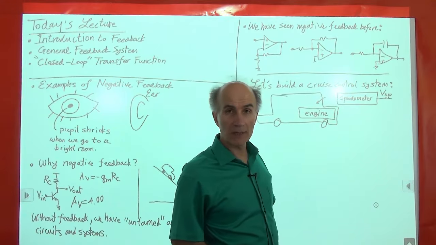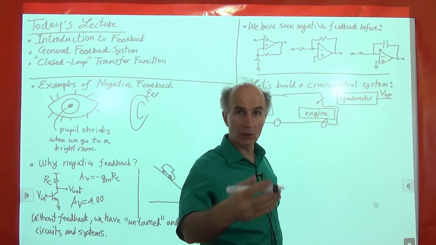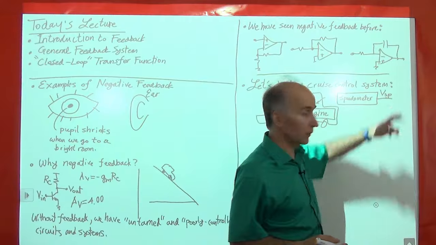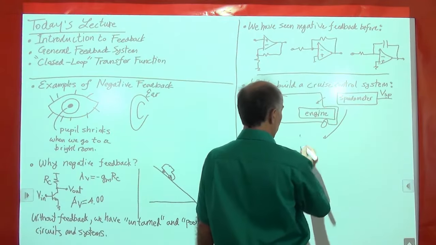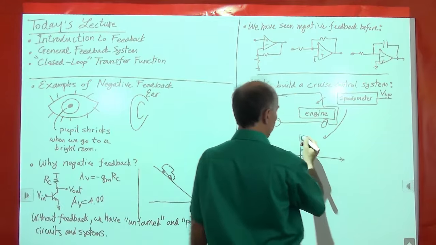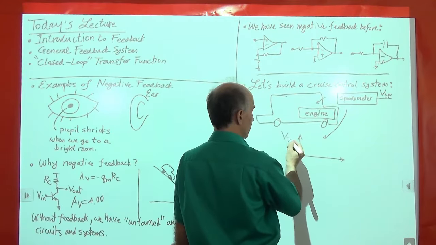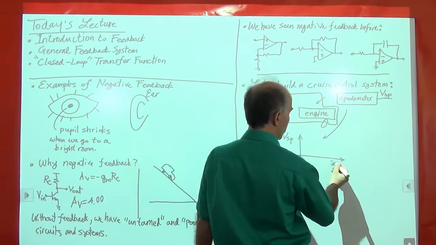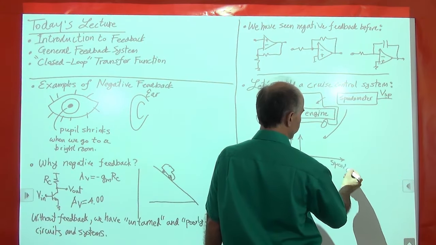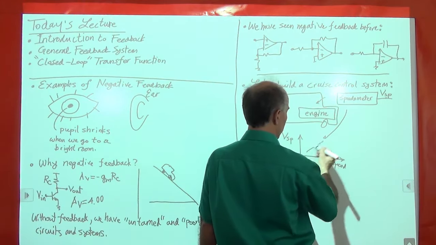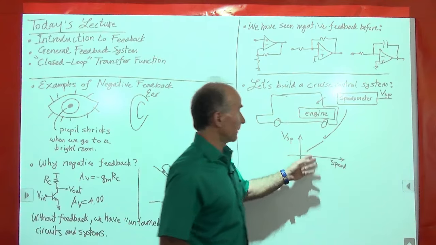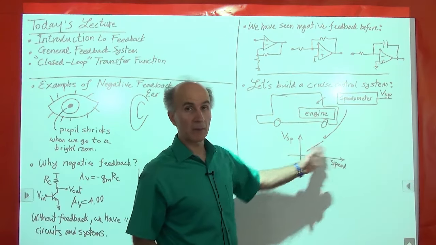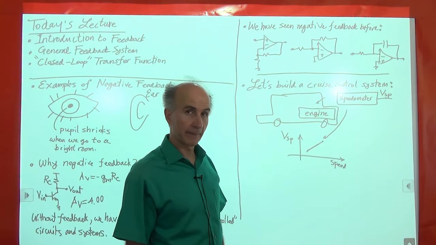And what we know is that the faster the car goes, the higher this voltage will be. So in other words, for the speedometer, we have some sort of characteristic like this. VSP as a function of speed. It's like this, right? Approximately speaking, very roughly speaking. So the higher the speed, the higher the voltage. All right?